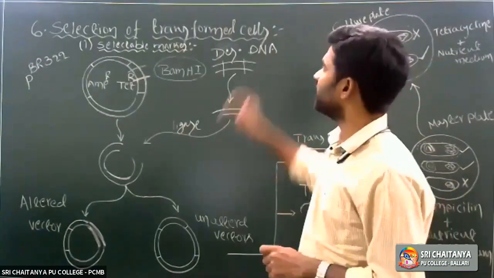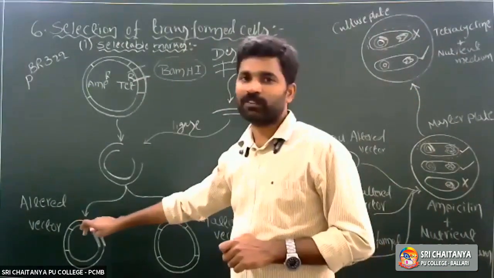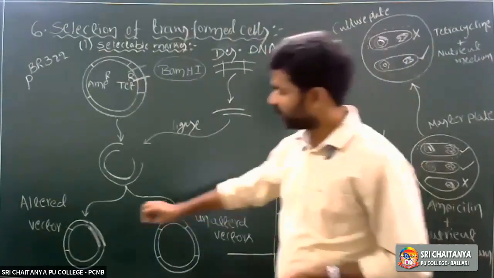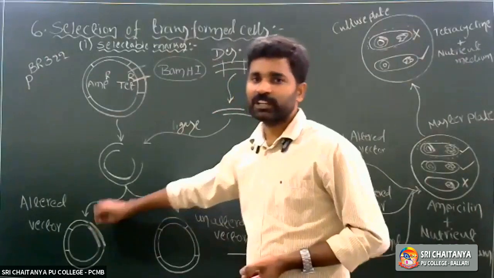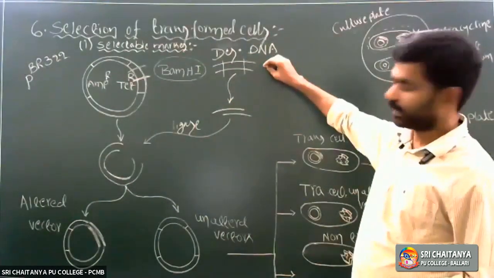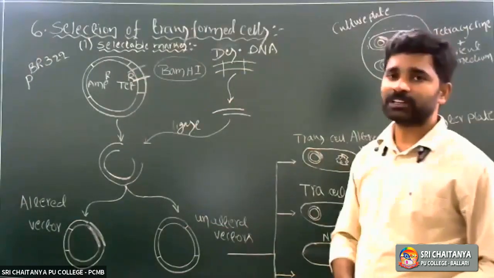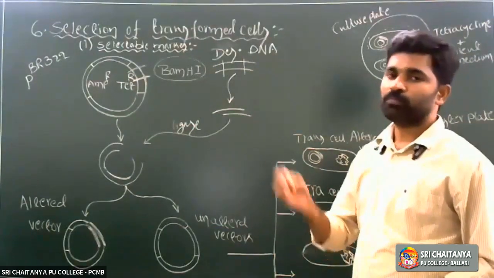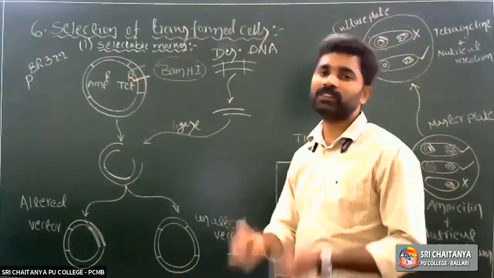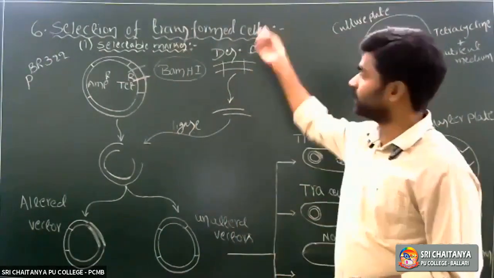Why is it inactivated? Because the insert is at the place of the tetracycline resistant gene. Is it clear? At the place of the tetracycline resistant gene, the altered vector has the desirable DNA. Right. Now here, unaltered vectors are resistant to both ampicillin and tetracycline. Why? Because they don't have any insert or foreign desirable DNA.